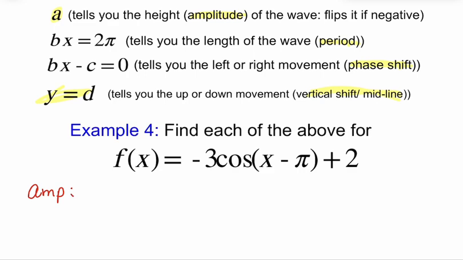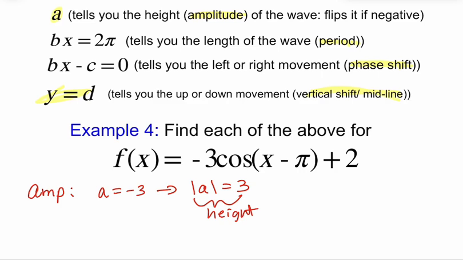So the amplitude is really just the A value of -3, but we can even think of it in kind of 2 parts. The absolute value of A tells us the height of the wave. So the height from the middle of our wave up is 3, from the middle of our wave down is 3. So the amplitude of our wave is 3, okay?